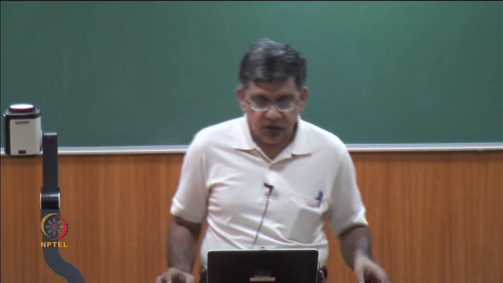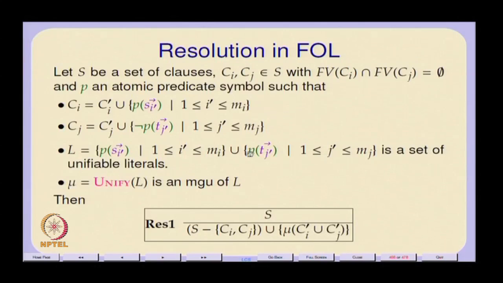If it is available in such a form, and if you can unify some subset of the positive occurrences in one clause Ci with some subset of the negative occurrences in the other clause Cj, where Cj is Cj prime union not of P Tj prime, then you take this union, and you find the most general unifier.